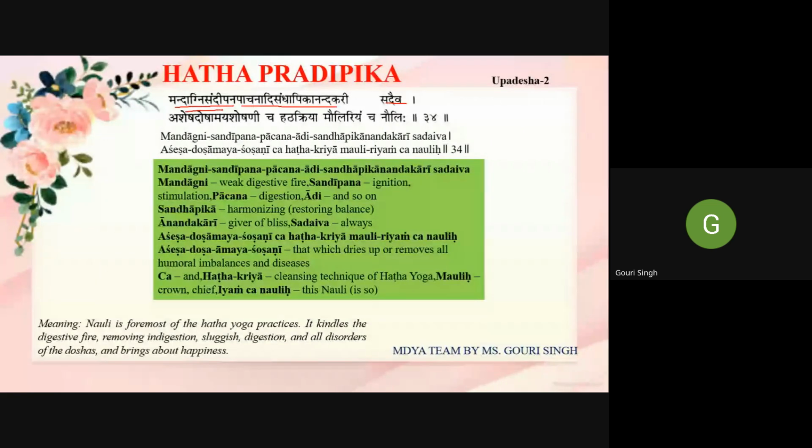Can anyone say how many types of fire are discussed according to Ayurveda? Two types. Anyone else? How many types of Agnis are there in our body according to Ayurveda? Okay, Survi ji, what are the two types? One is the digestive fire and one is in the eyes.